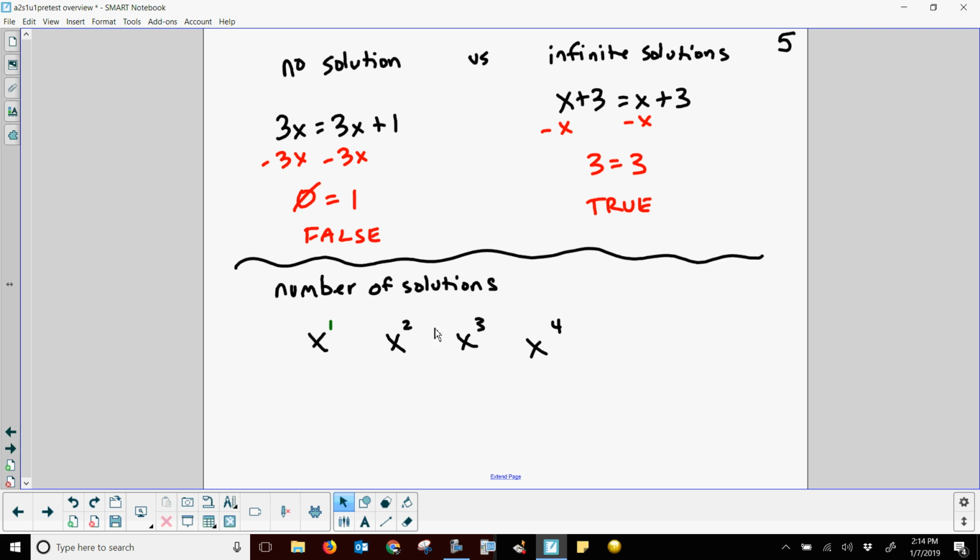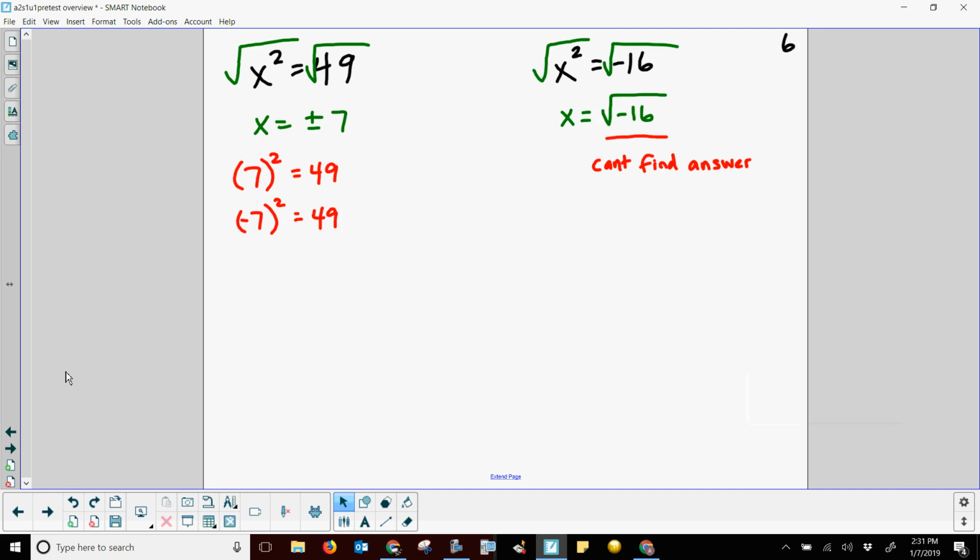They may be 2 different ones. X cubed, kind of the same way. We're going to have 3 solutions. X to the 4th, we could have up to 4 solutions. Maybe some of them are the same ones twice, perhaps. That's concept 5.